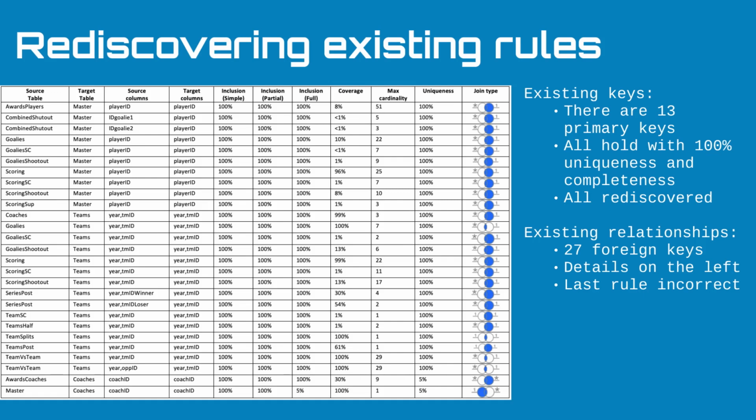Our profiling process also revealed several measures that are listed here in the table. It turns out that the last rule, where the master table references the coaches table, is incorrectly specified. The coaches table should instead reference the master table, as is the case with other tables.